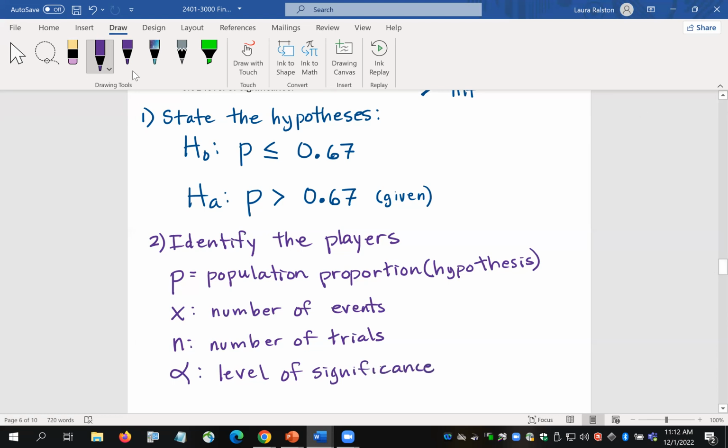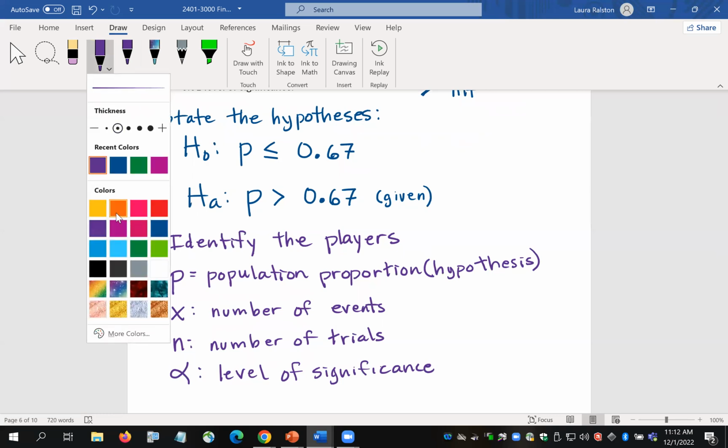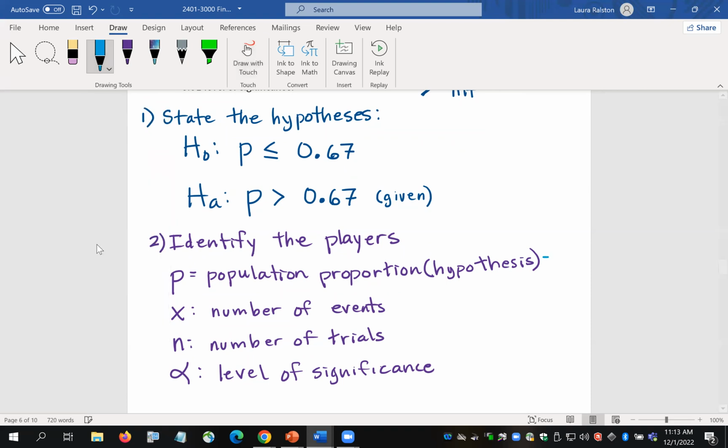So if I go back and look at the story, I get population proportion from the hypothesis. So that's the 0.67.